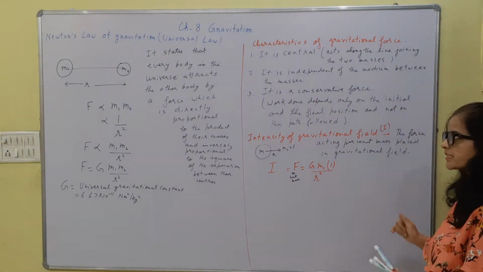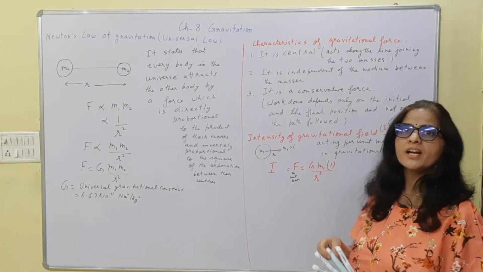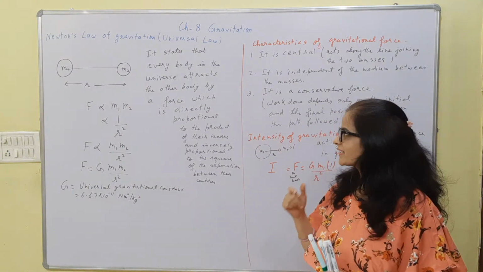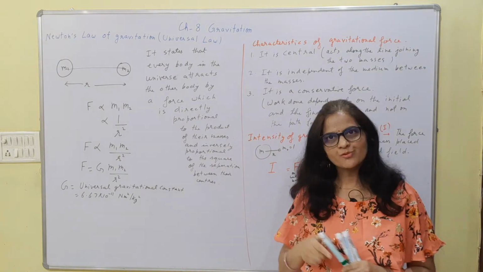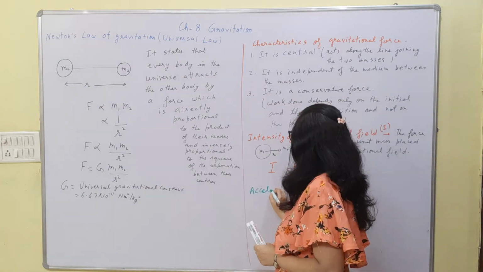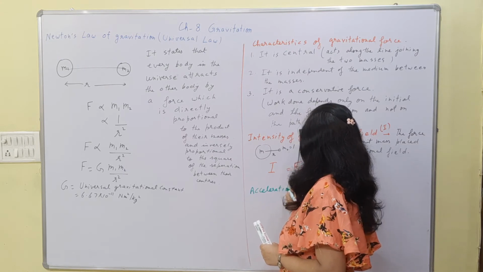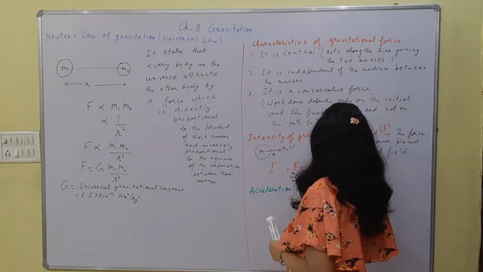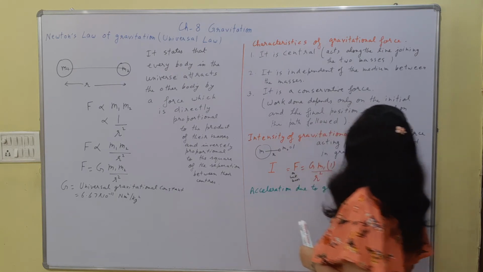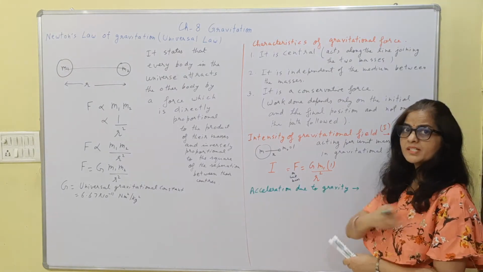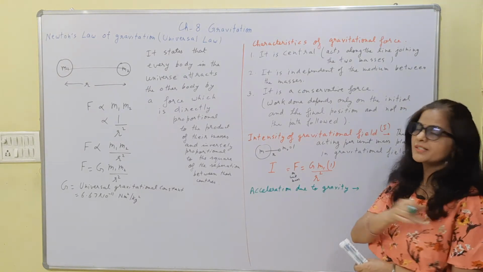Then we have the concept of acceleration due to gravity, which we have studied in class 9th also. So we will take that concept in detail in the next video, but here I will just tell you what is acceleration due to gravity. So this is the acceleration experienced by a body falling towards Earth.